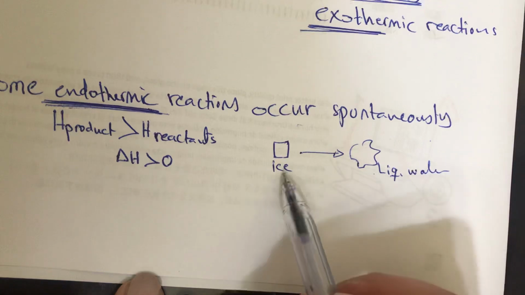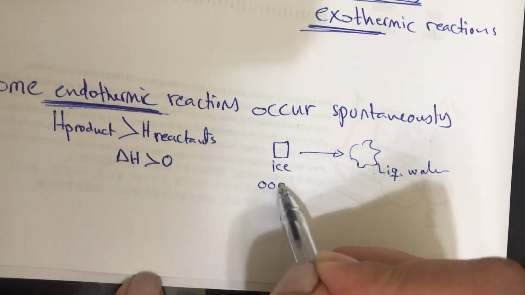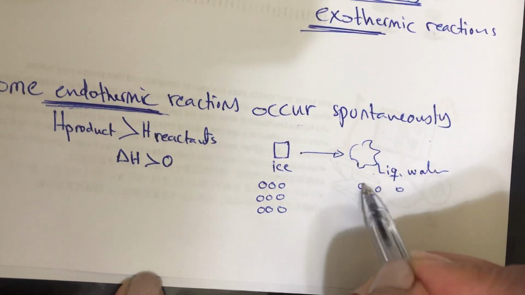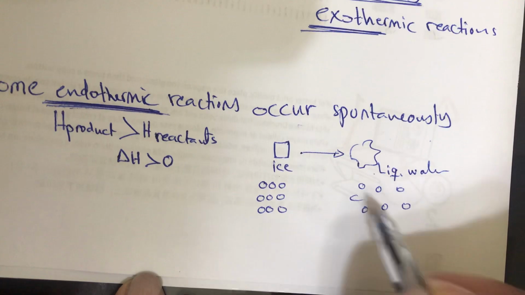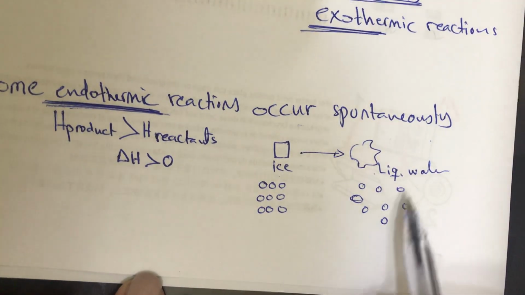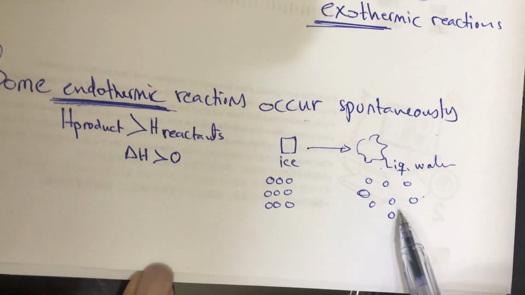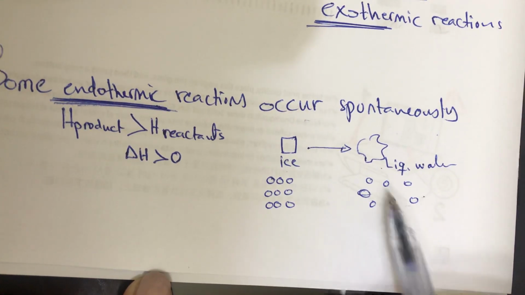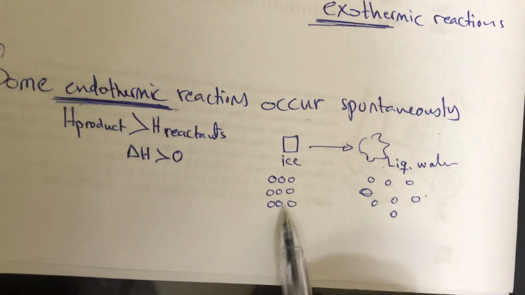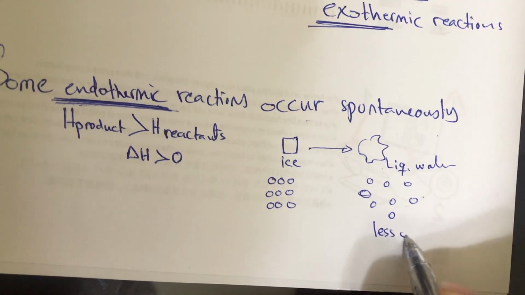The difference between ice and liquid water is the arrangement of particles. The arrangement of liquid water particles is less ordered than the arrangement of water particles in ice. So here, less ordered.